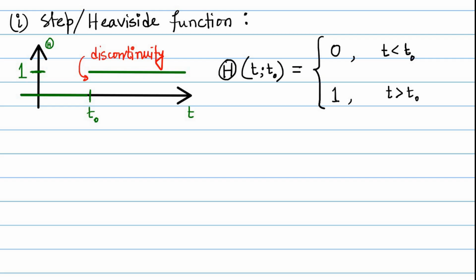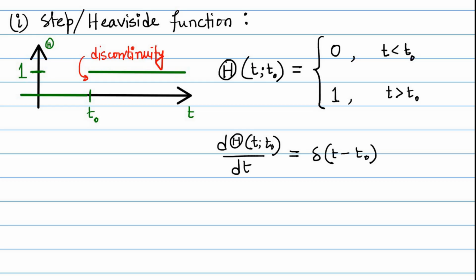And those of you who are familiar with the delta function and its integral, you'll notice that if you differentiate this step function or the Heaviside function, so if you take the derivative with respect to t, you get the delta function, t minus t0. And this is understandable. Why?